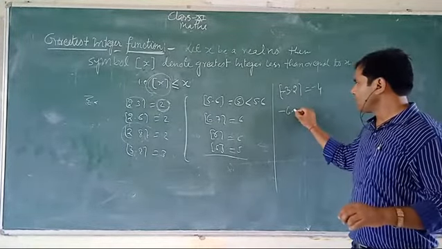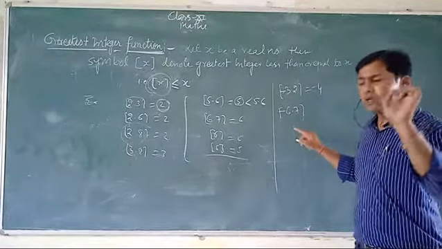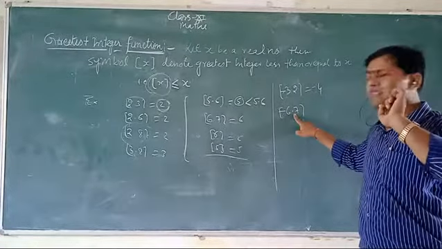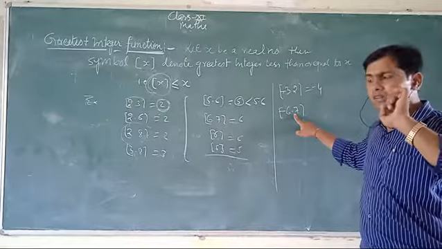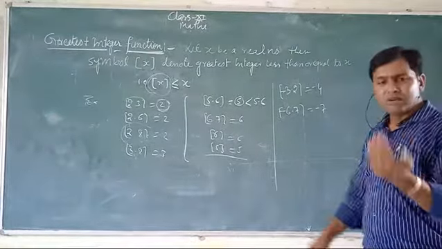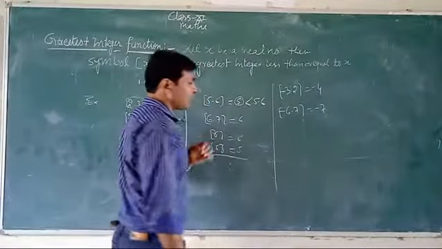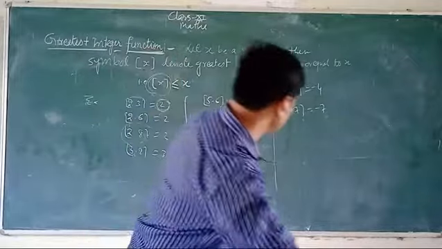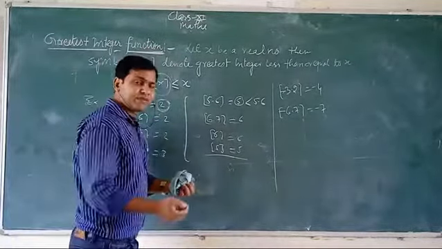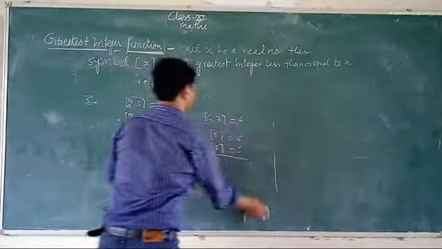Here 6.7: the integral value less than minus 6.7 is minus 7. Okay, I hope that you got my point. So that's why we can define the greatest integer function.